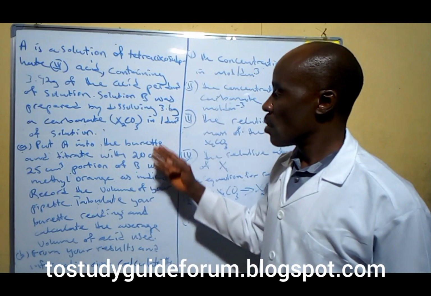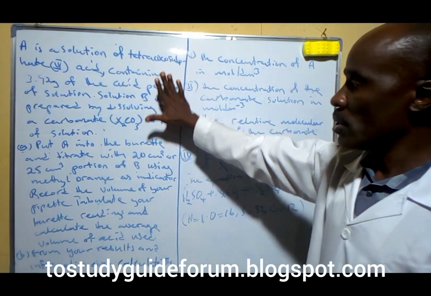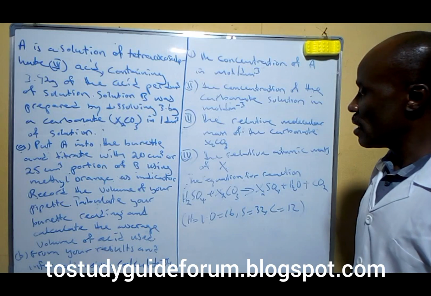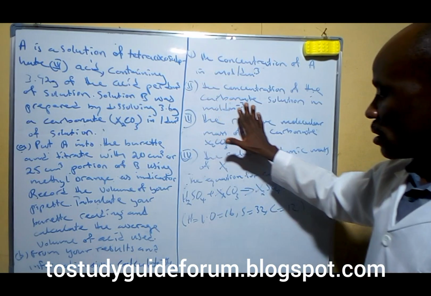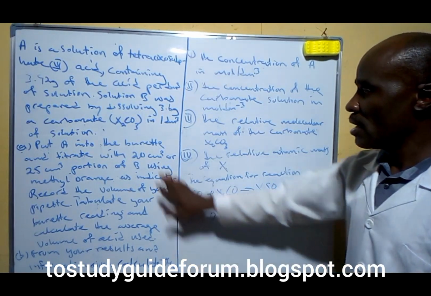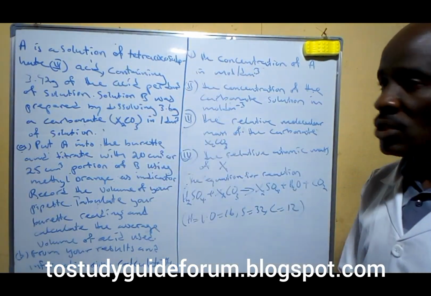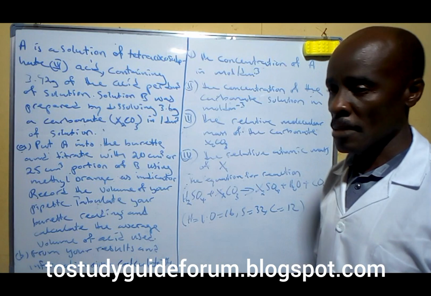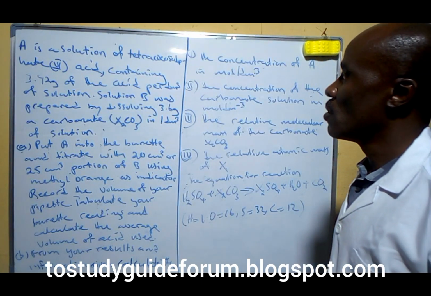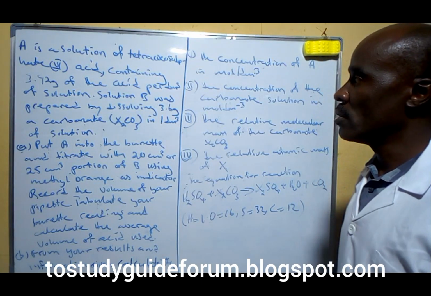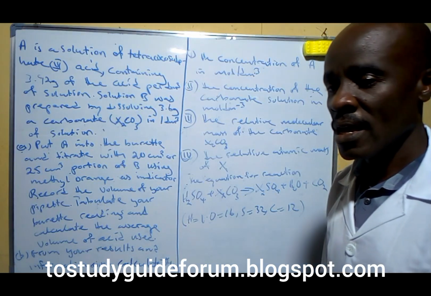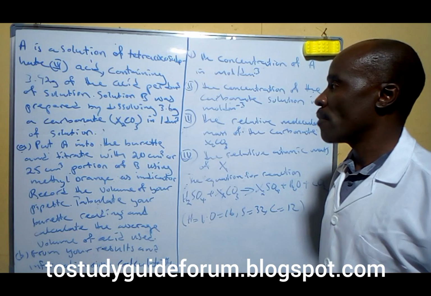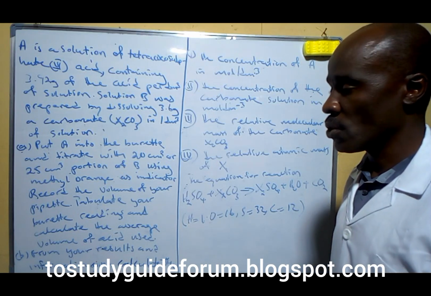So here is a question, and these are the questions you are expected to answer, the instruction and everything. In fact, let's go through it together. Solution A is a solution of tetraoxosulphate(VI) acid containing 3.92 grams of the acid per dm cube of solution.